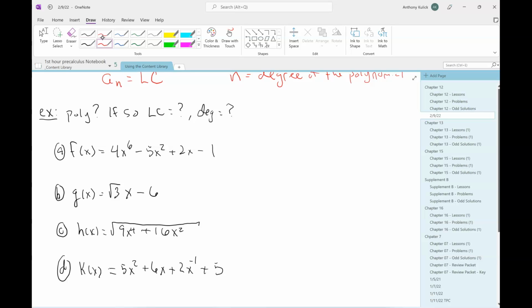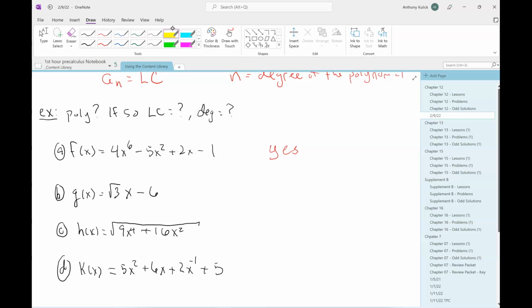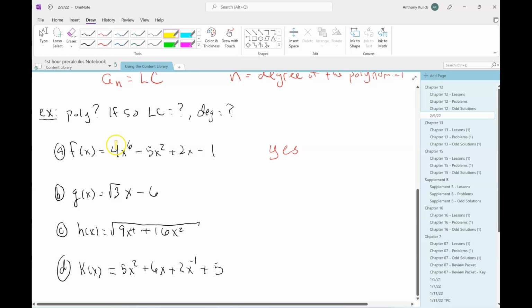So let's look at example A to start. Here it says f of x is equal to 4x to the 6th minus 5x squared plus 2x minus 1. Is this thing a polynomial? Yes. So the two things we have to look at are the coefficients.